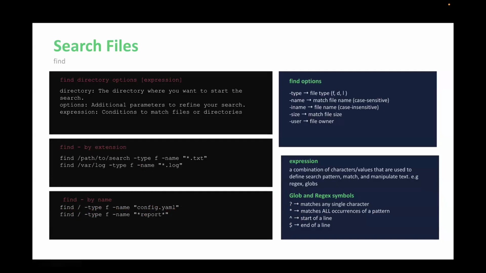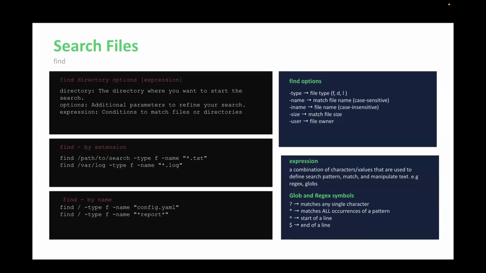Something about find is that it is a recursive search tool. That means it searches folders and subfolders automatically. You don't need to define -r, you don't need to tell it to search recursively. So if you're searching in a particular directory and there are subdirectories within that directory, it's definitely going to search them automatically.